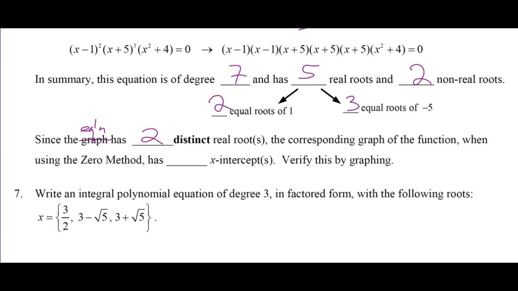The corresponding graph of the function when using the zero method has how many x-intercepts? 2. Now, at one of them you're going to see a touch and go, and you're going to see a change in direction, point of inflection. So you'll see the cubic, and you'll say, oh, that's multiplicity 3 and that's multiplicity 2. You know that from days ago. I know everybody knows that.